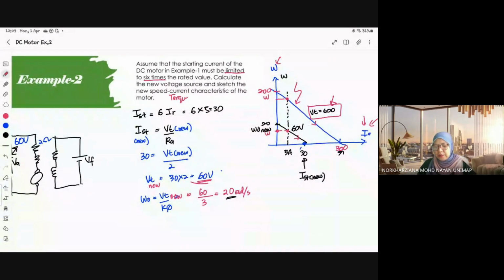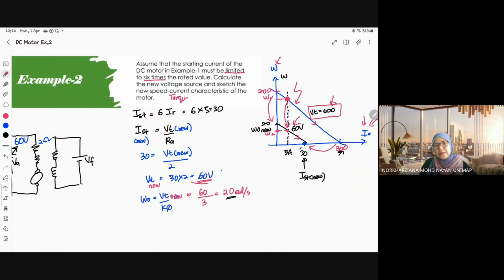When you reduce the voltage to 60 volt, you can see that you have reduced the no load speed of your motor as well as the starting current. At the same time, your motor speed, which with 600 volt has one value, will also reduce to a new value.